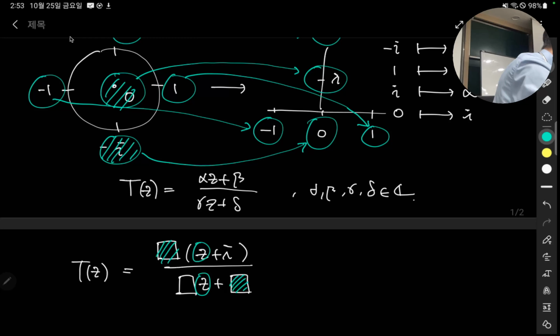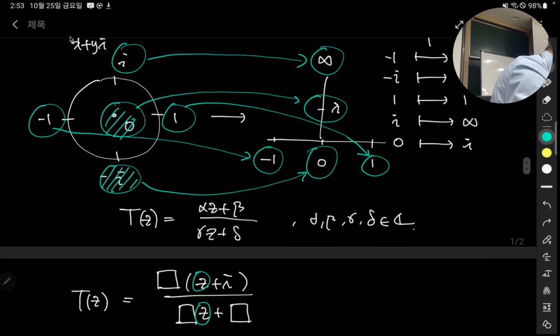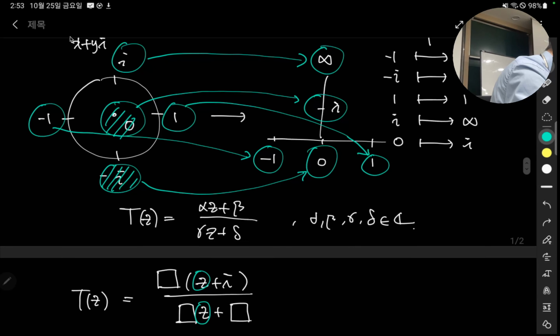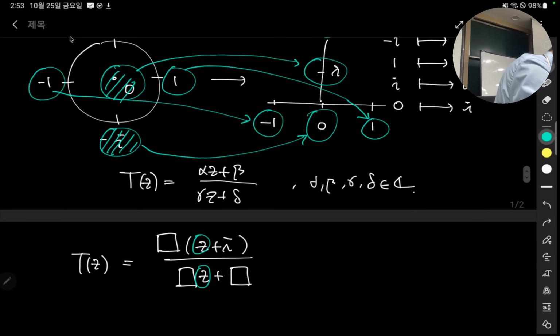Let's see. I should start from guessing here. I'll try that, this one is 1.